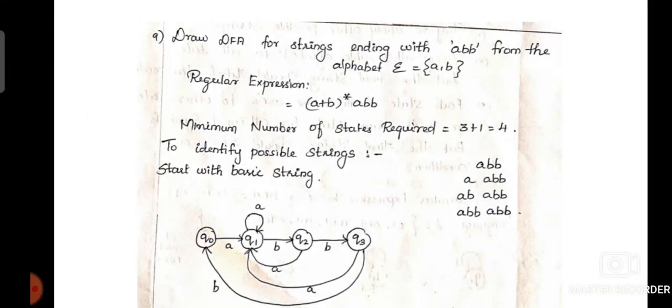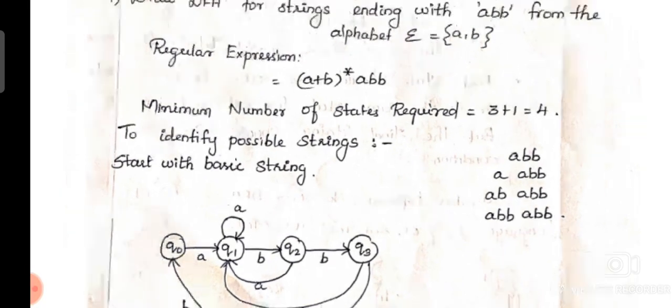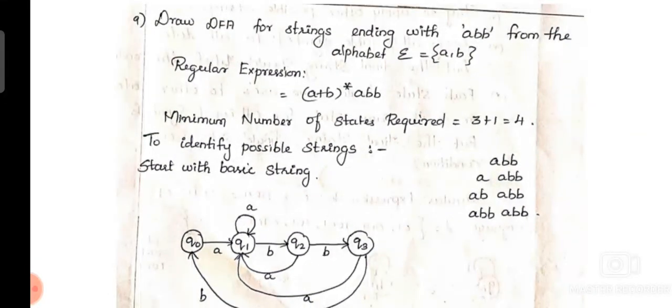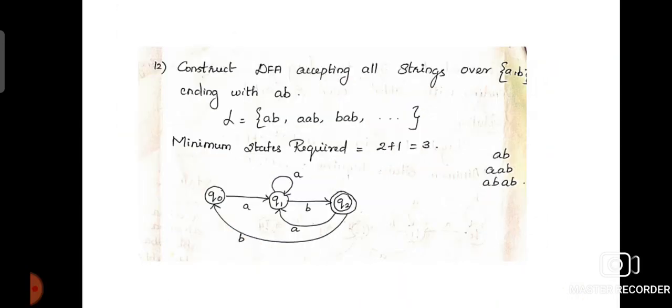The basic string is ABB, so we may need 4 states to construct the DFA, and from every state we should have 2 arcs, since our input symbols are A and B. In any way we can connect the states, but at every point we have to check our condition, that is whether the string is ending with ABB.